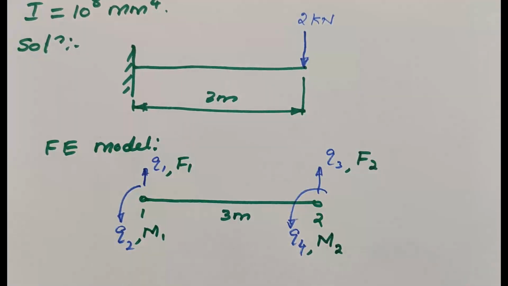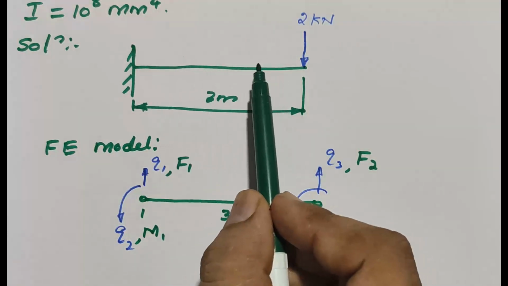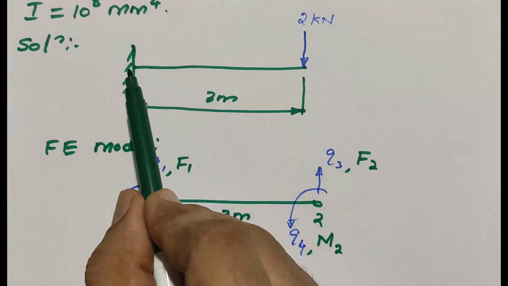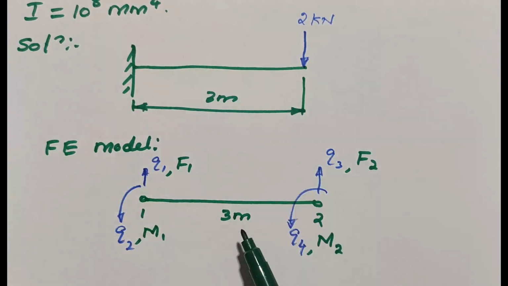So this is the finite element modeling of this cantilever beam. Here we have used only one element. Suppose there is any load at an intermediate section of this beam, then we have to consider one more node at that point, meaning we have to use two 1D elements to solve such problems. Here we don't have any intermediate load or intermediate boundary condition. That's why we have used only one element for the FE model.